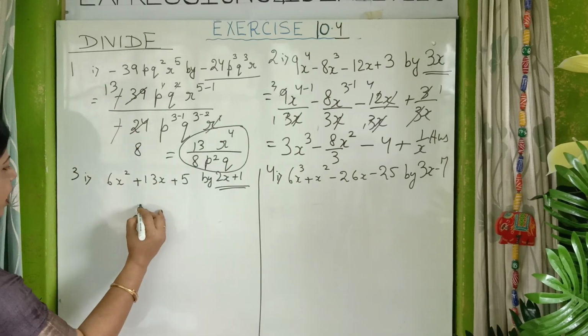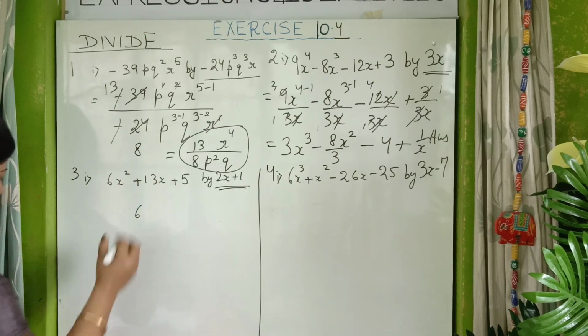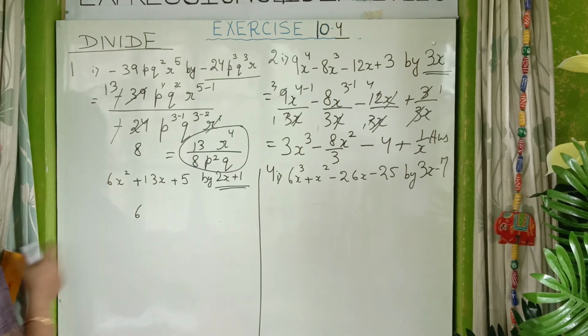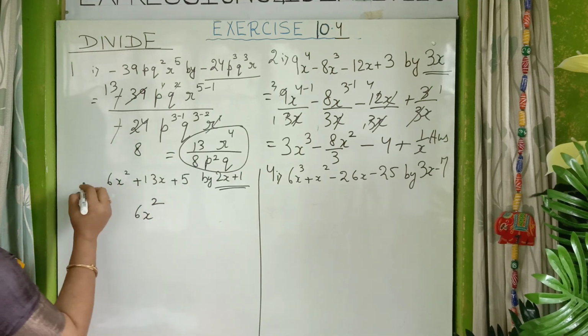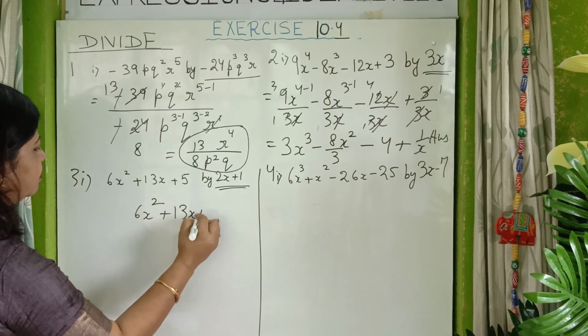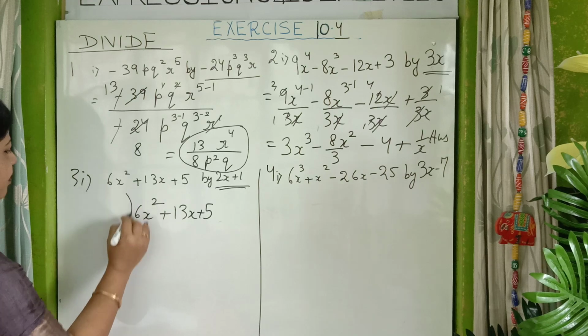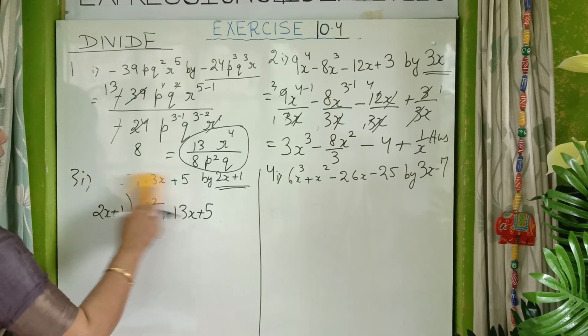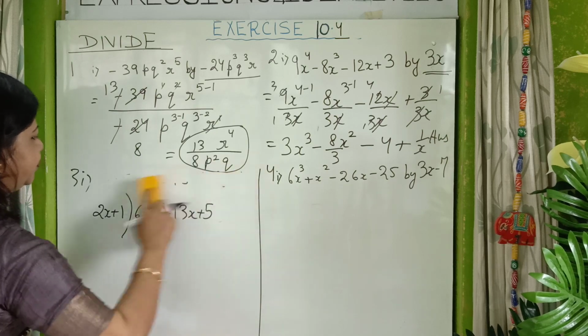So we begin. 6x square plus 13x plus 5, I am dividing by 2x plus 1. So I wrote the question here.